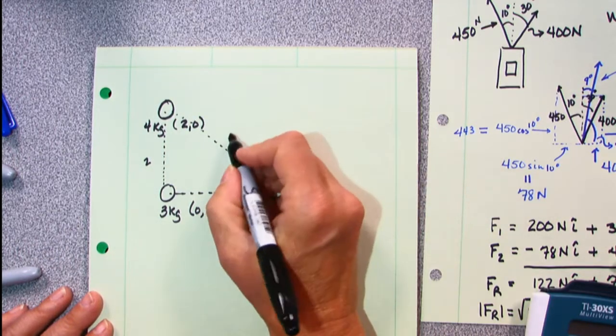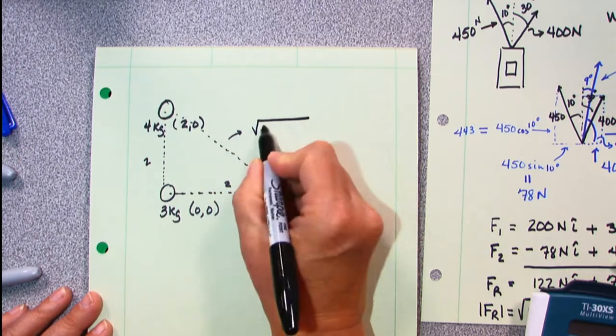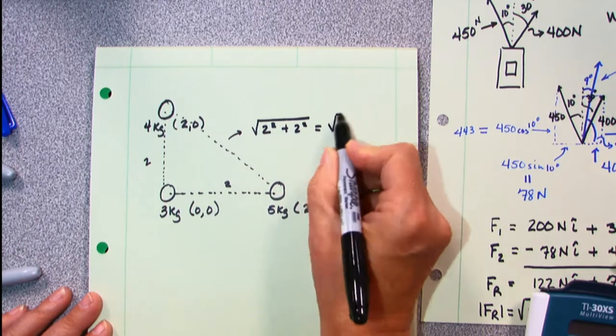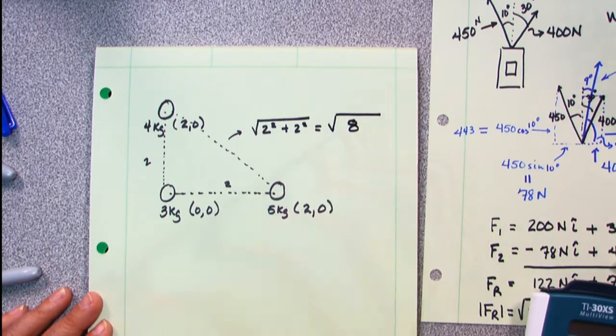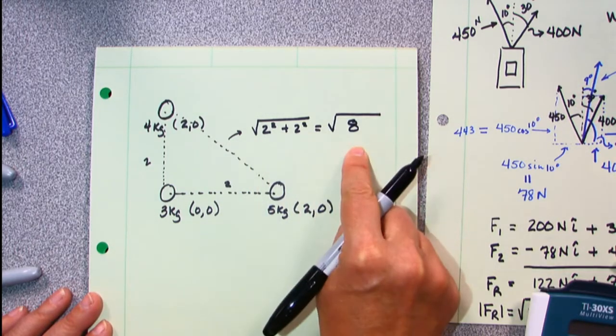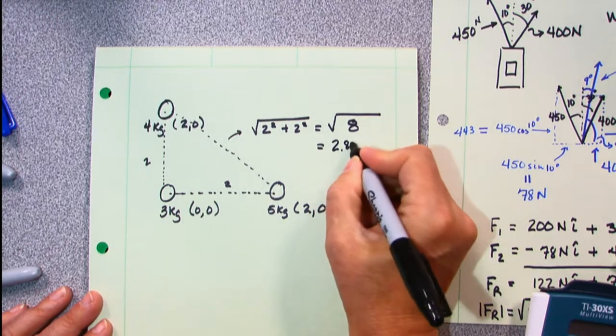The length of this side is going to be the square root of 2 squared plus 2 squared, which is going to be the square root of 8, right? 2 squared is 4, 2 squared is 4, 4 plus 4 is 8. So if I do the square root of 8, gives me 2.83.